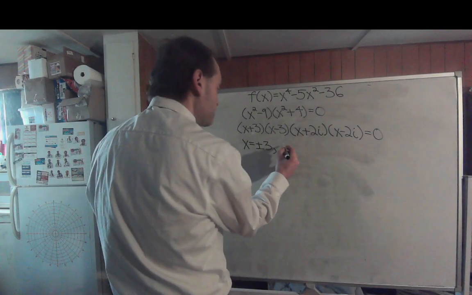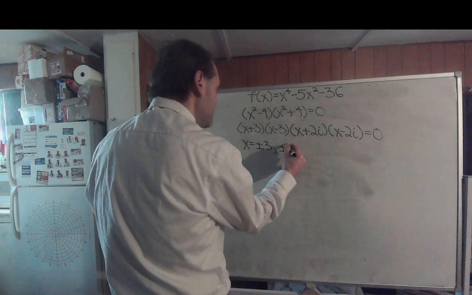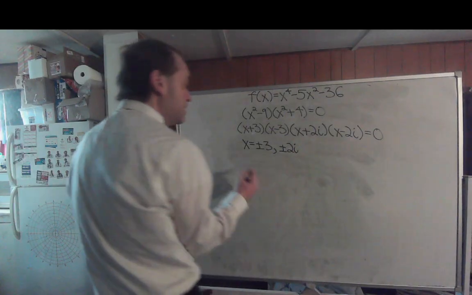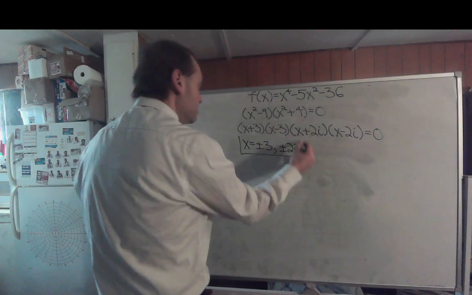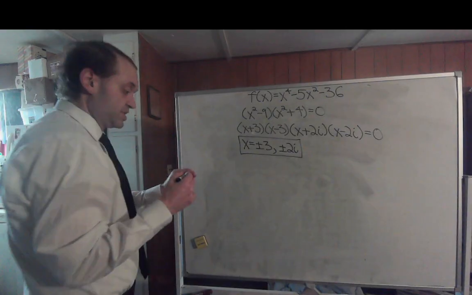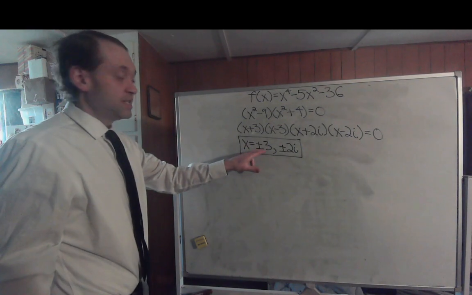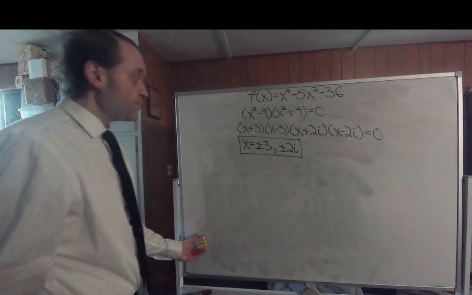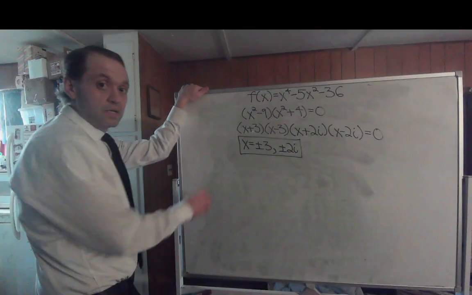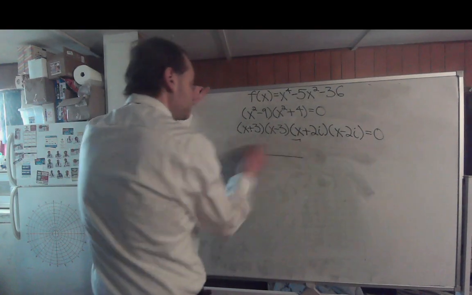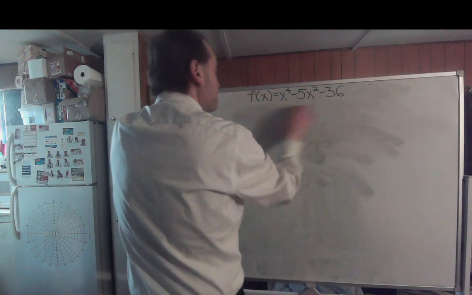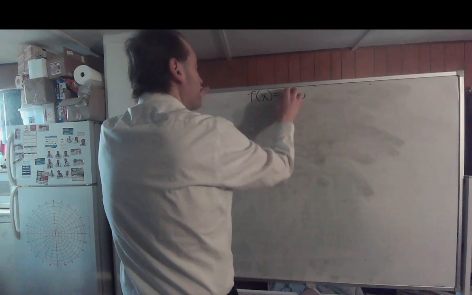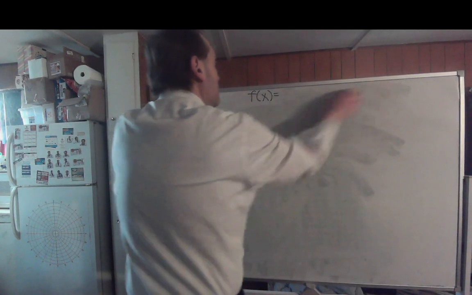And then you get x would also equal plus and minus 2i. So those are all 4 solutions in the complex number system. x equals plus and minus 3, and then plus and minus 2i.